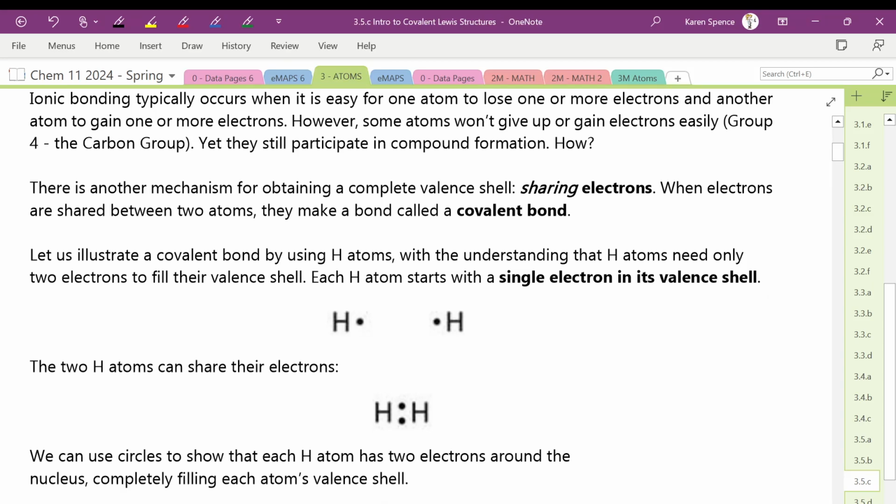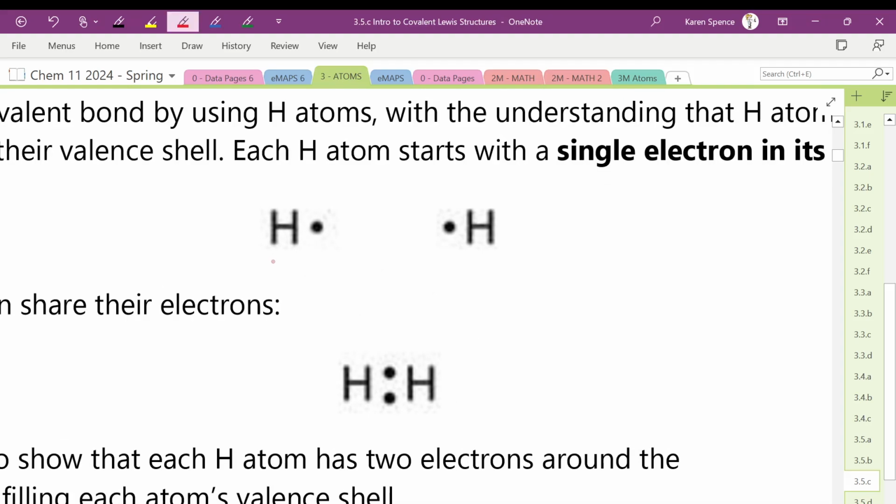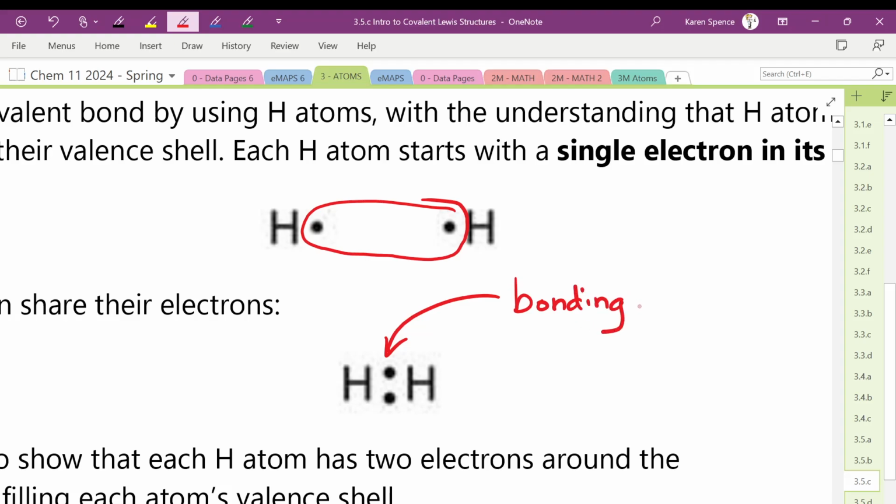So let's take a look at hydrogen. We have hydrogen, we have hydrogen. And just like hydrogen and chlorine, they're going to come together and they're going to share those electrons. This is called a bonding pair of electrons.